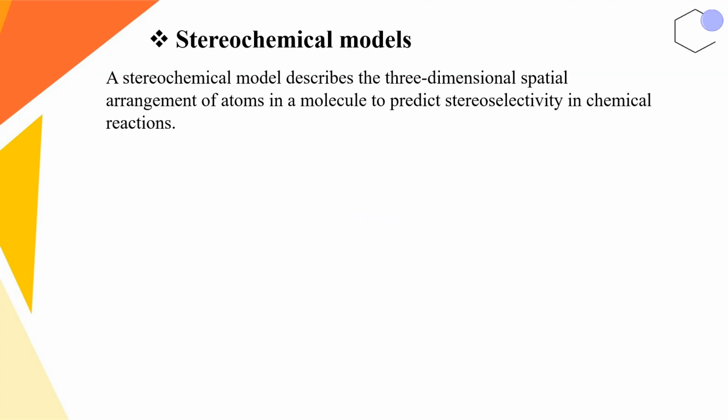Let us first understand what a stereochemical model is. As I already discussed, a stereochemical model describes the three-dimensional spatial arrangement of atoms in a molecule to predict stereoselectivity in chemical reactions.